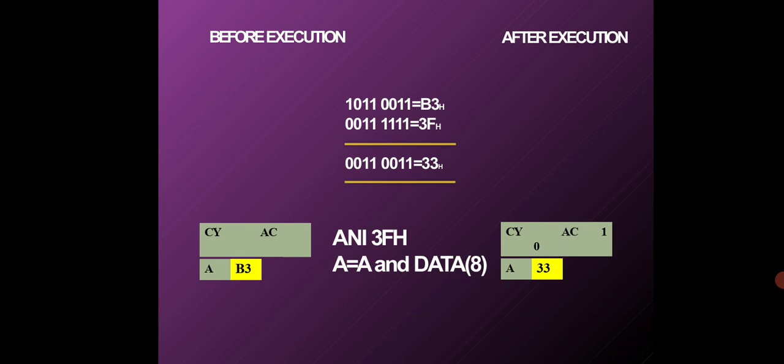So before execution the content of A is B3, and after execution the content of A is 33. The data is 8-bit data, and it acts as 8-bit immediate data.